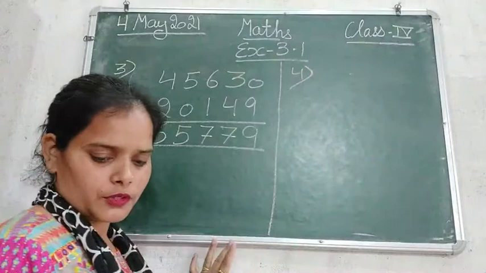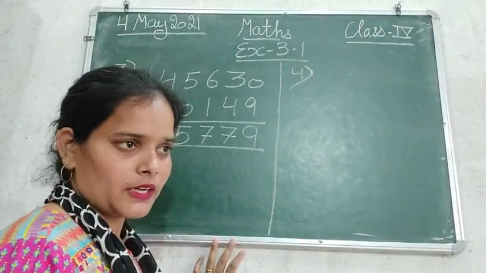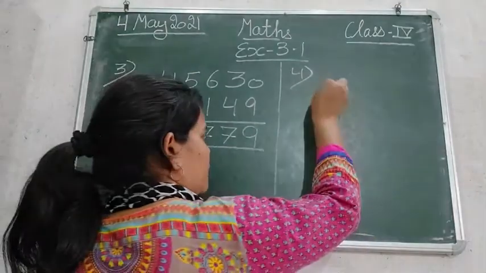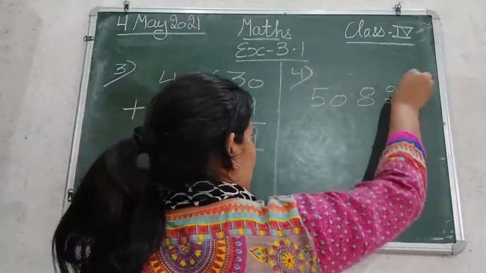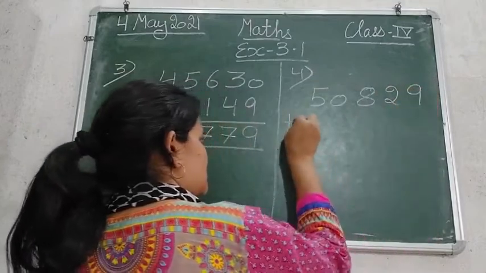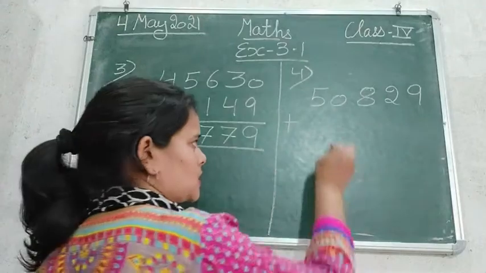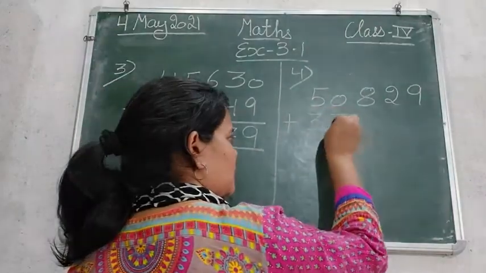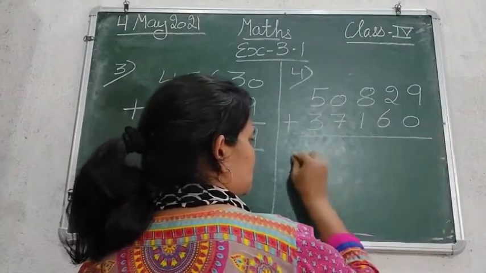In the fourth, the number is 50,829 plus 37,160.